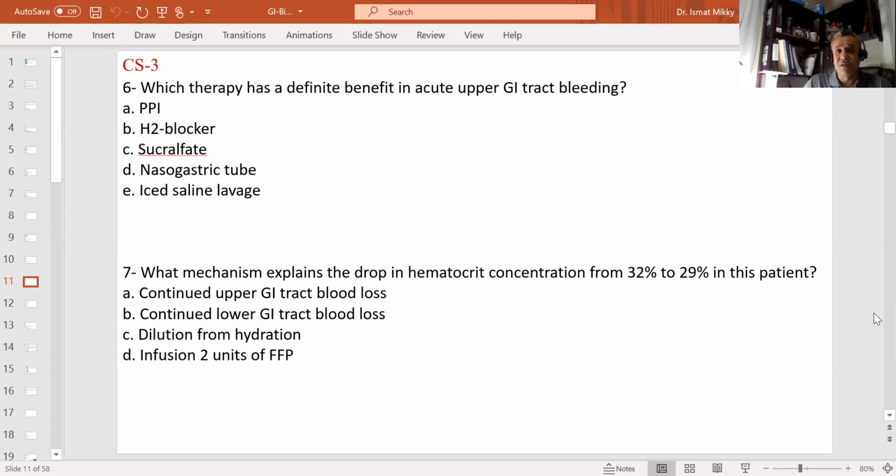Lavage is washing the stomach, like after acetaminophen poisoning, intoxication or overdose, when you want to wash the drug out of the stomach. Gavage starts with G, that's the feeding via the NG tube or the PEG tube.